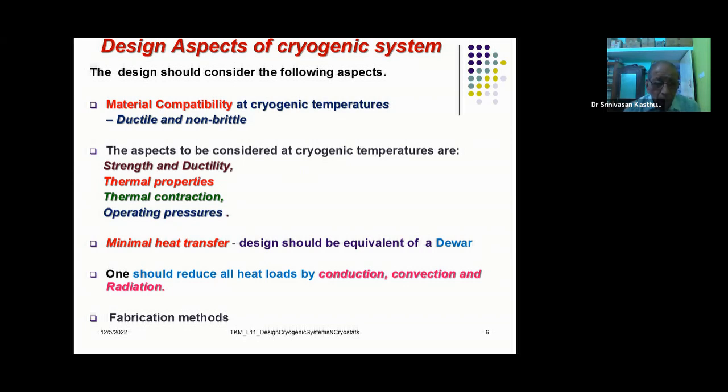Now, the main aspects to be considered are, for example, the strength and the ductility, thermal properties, and also the thermal contraction, and also it should be able to withstand the operating pressures that are designed for it. So these are very important. Now, what about the heat transfer?